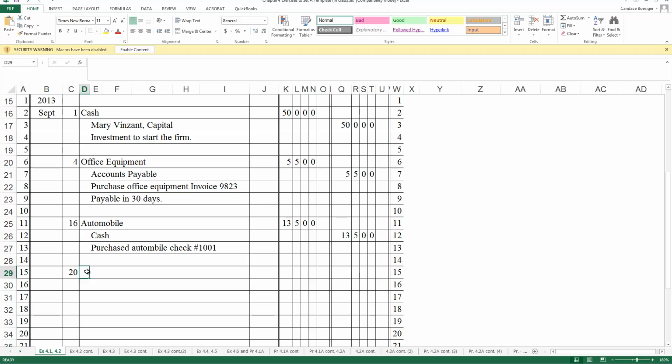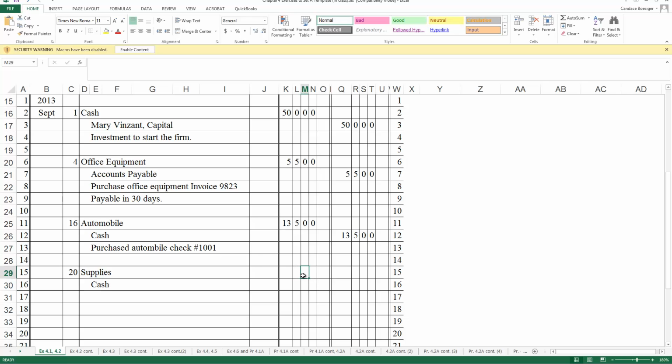So the 20th, purchased supplies for $420 and paid immediately with check 1002. Two accounts are affected. The first one is supplies, and the second one is cash. Cash is going to go down.